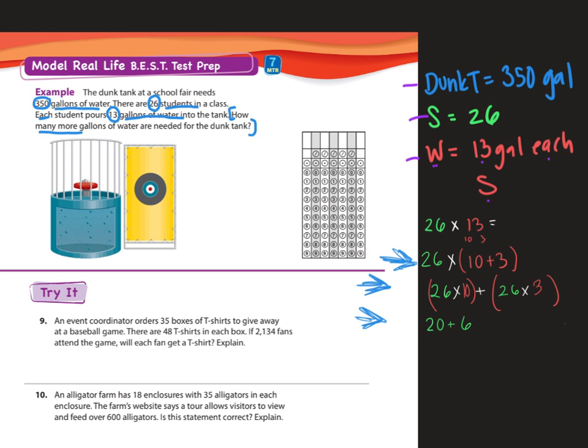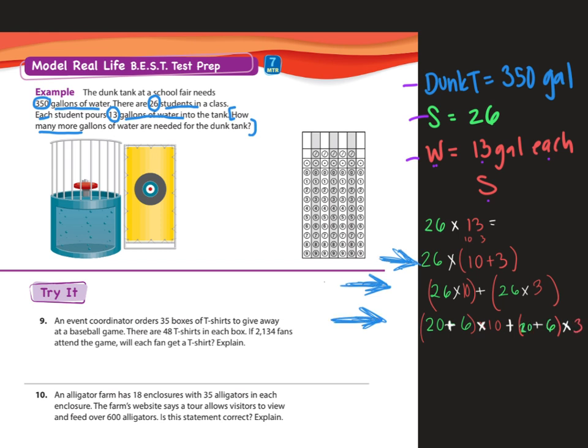I still need to multiply that by 10. So I have 20 plus 6 times 10 plus 20 plus 6 times 3.